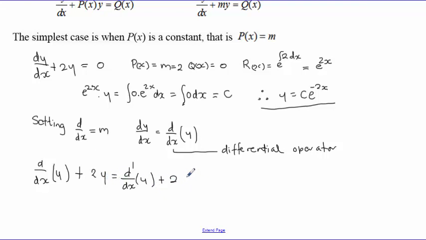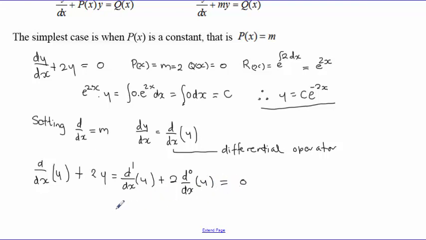You can as well consider that a differential operator of order 0 is applied to y, and then this is equal to 0.